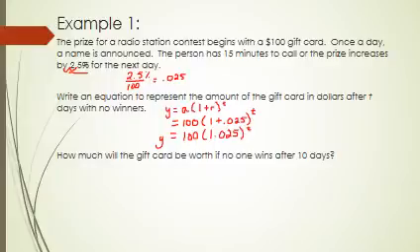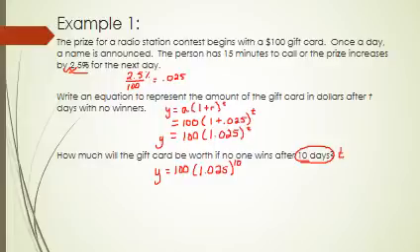Okay, now the next one says, how much will the gift card be worth if no one wins after 10 days? So now 10 days, they're telling us what our time is. So 10 days is going to be our t. So I'm going to take that formula that we have, y equals 100 times 1.025 raised to, instead of the t power, we're going to raise this to the 10th power.